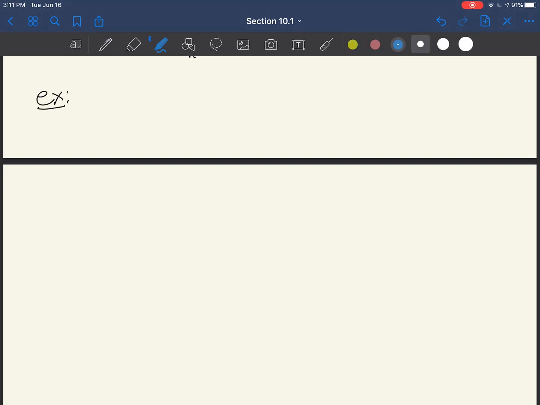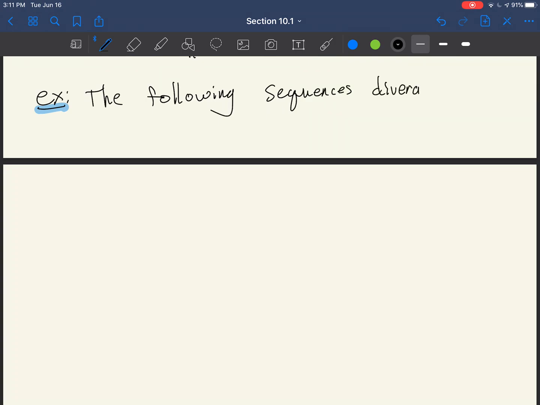So we've only looked at sequences that converge, so let's look at some sequences that diverge. The following sequences diverge. We have the sequence (-1)^n.